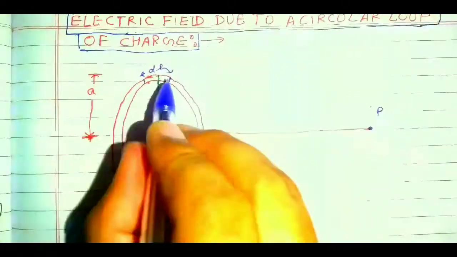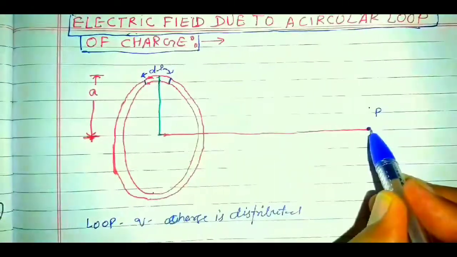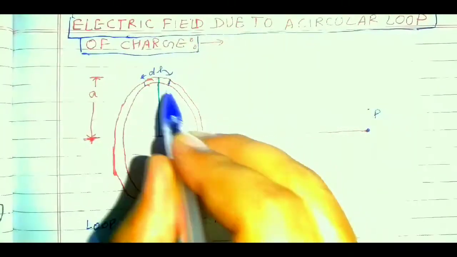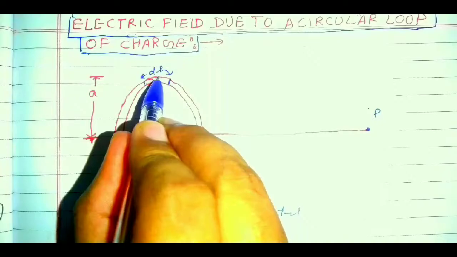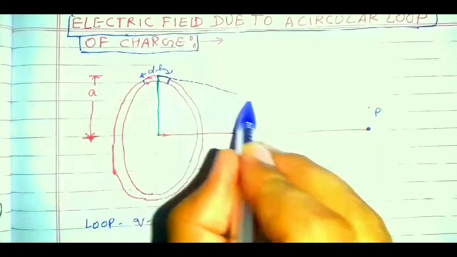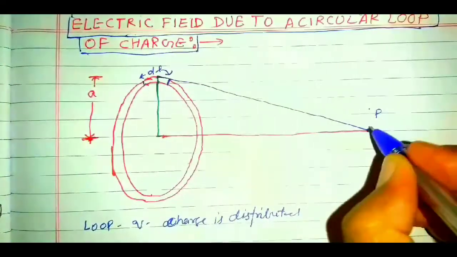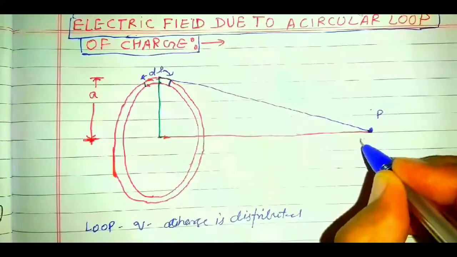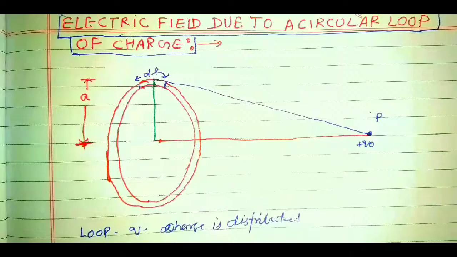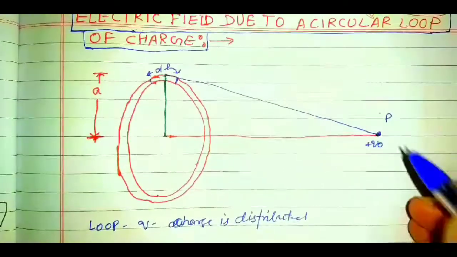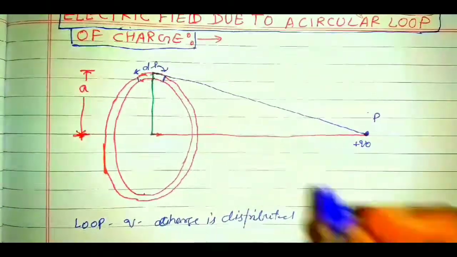So here in this diagram, first of all, we are going to calculate the electric field due to this small current element dl. So from here we are joining the point P. Here a small test positive charge plus Q0 is kept to calculate the electric field intensity.